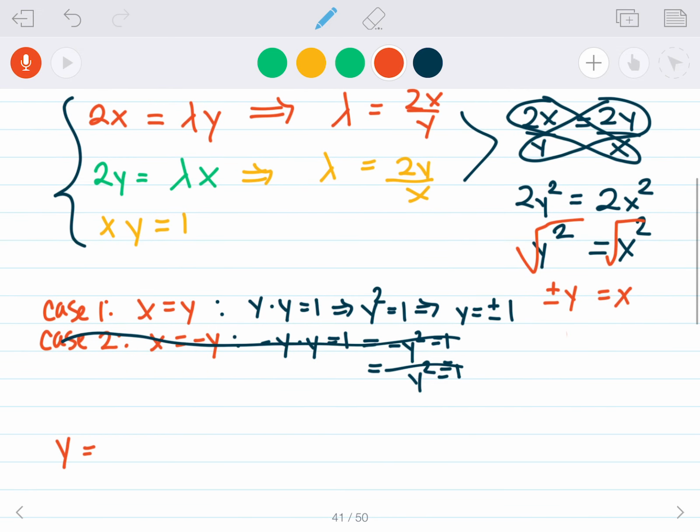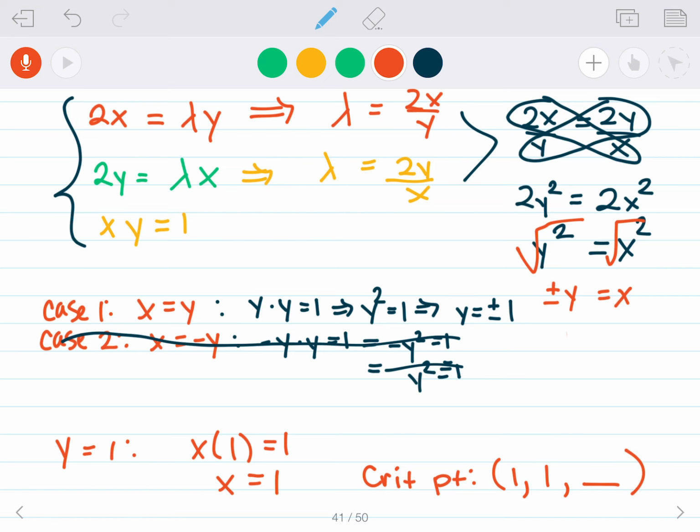If y is equal to positive 1, then what's x? Well, we can use that equation again. When y is equal to positive 1, we get x times 1 equals 1, so x is equal to 1 as well. So one critical point is x is 1, y is 1, and we're looking for z.